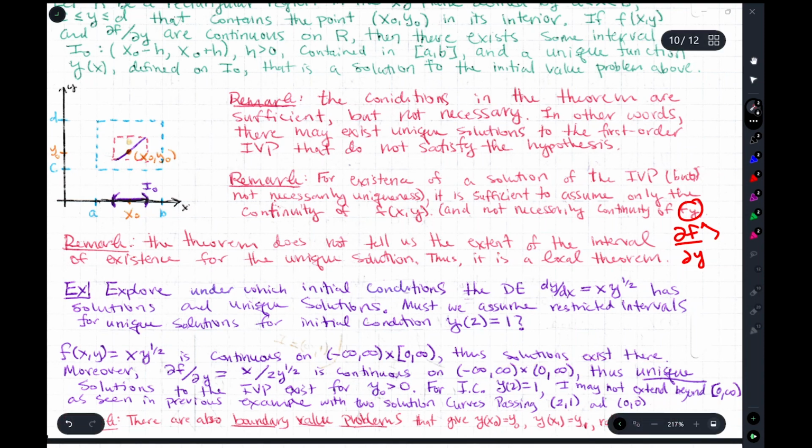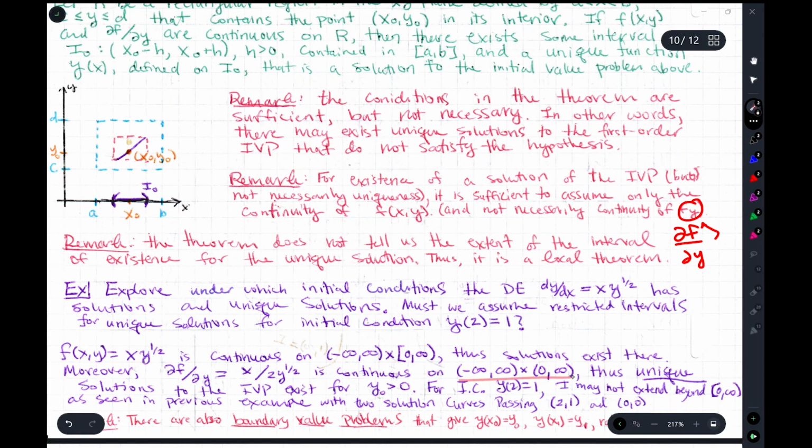Thus, solutions exist there. Okay, so we're guaranteed that solutions to the initial value problem exist there. Moreover, if we take the partial derivative of f with respect to y, we get x divided by 2 square root of y. That's continuous on the upper half plane without the x-axis, because we can't divide by 0.